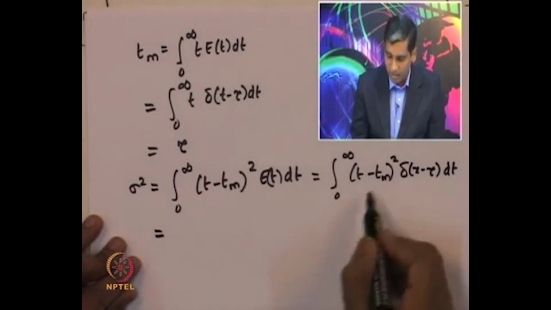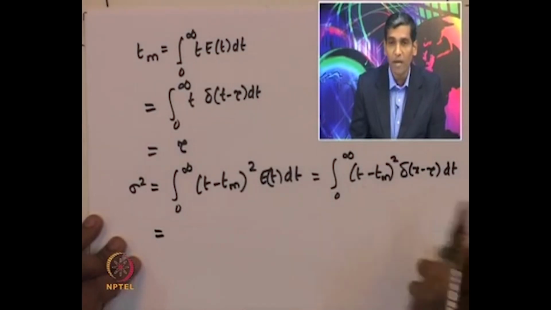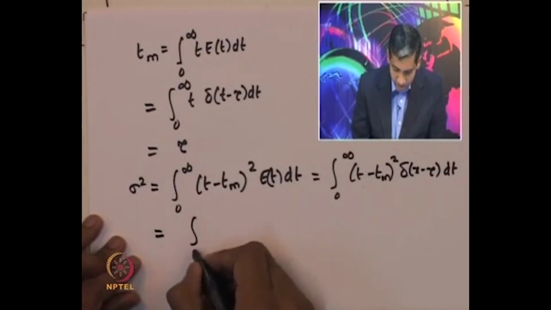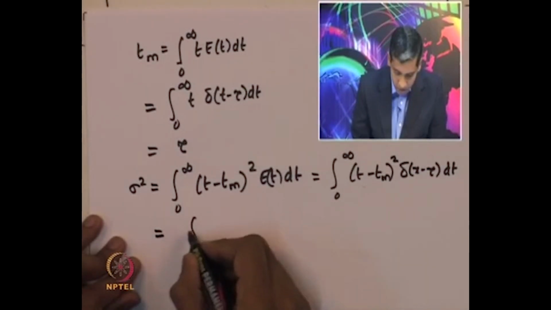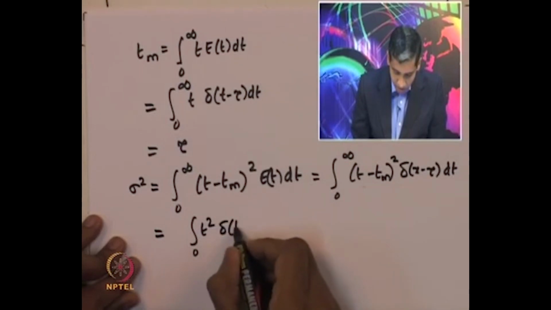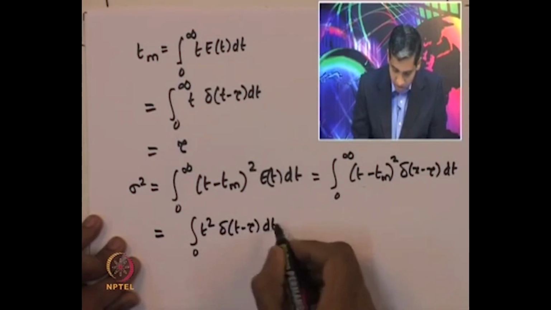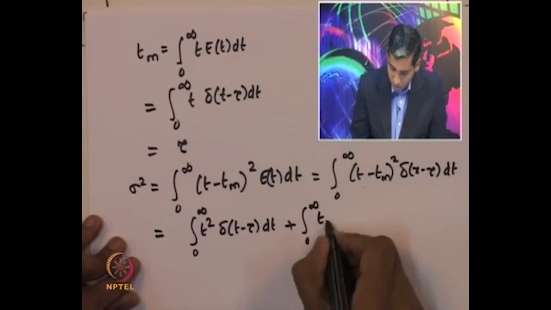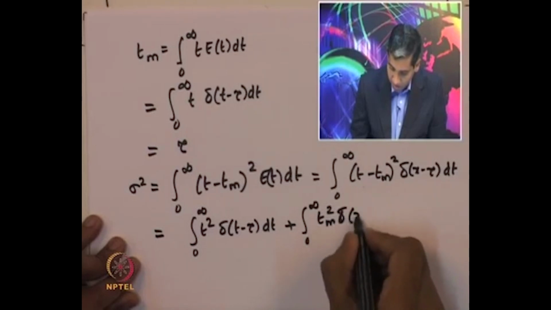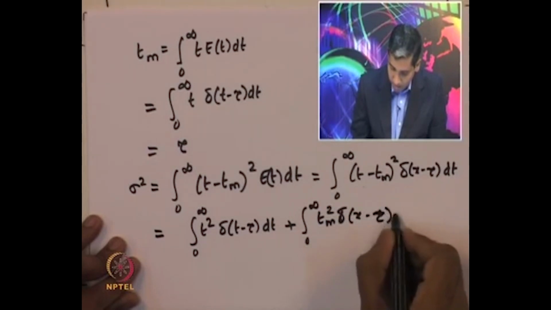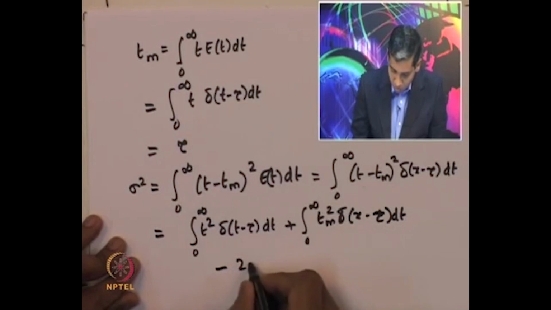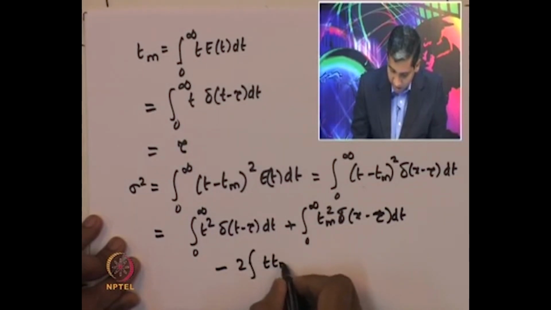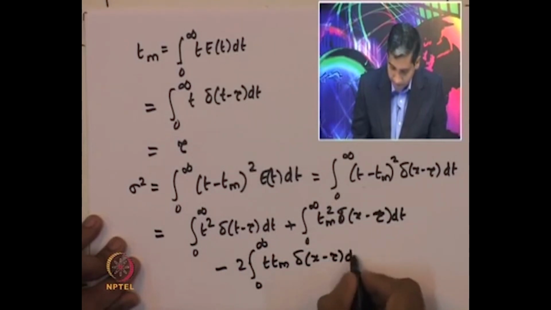Now we open up the (t minus t m) whole square, and if one integrates, we will find that this essentially reduces to the integral of t square into delta of t minus tau dt from 0 to infinity, plus the integral from 0 to infinity of T m square delta of t minus tau dt, minus 2 times the integral of t into T m into delta of t minus tau dt.